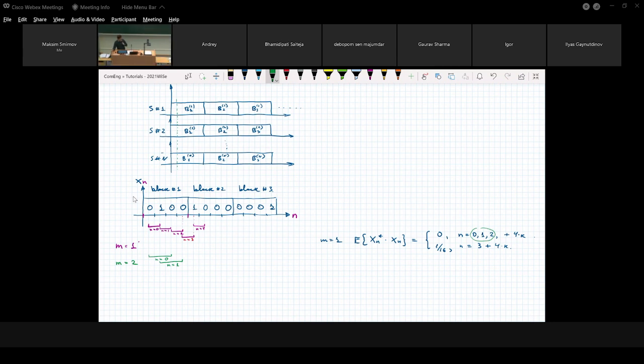You can write how to find this 1/16. It will be 1 times 1/4 plus 0 times 3/4.